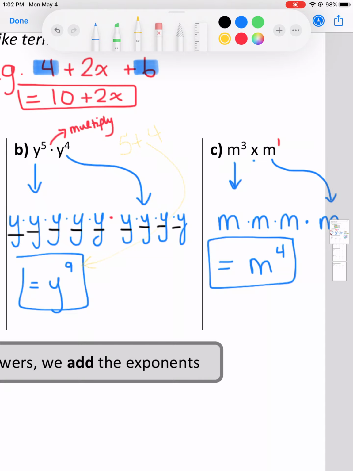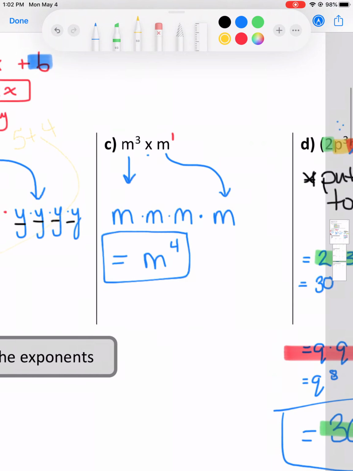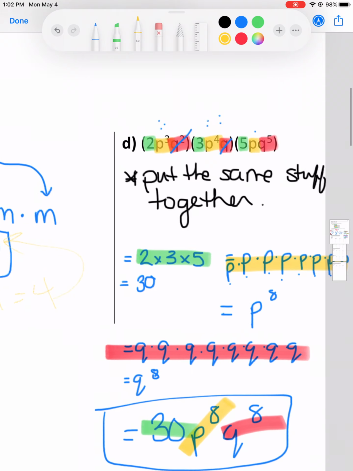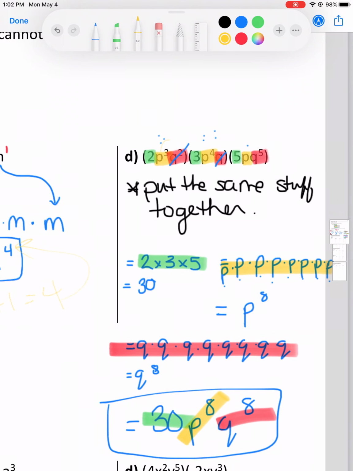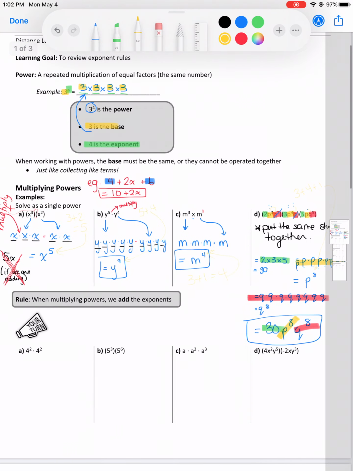Well, it's 9. 3 plus 1 is 4. And the same thing here, 3 plus 4 plus 1 is 8. So that's the rule there. When we're multiplying powers, we can just add the exponents.